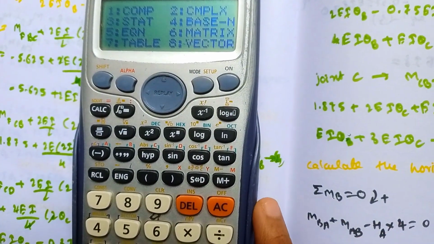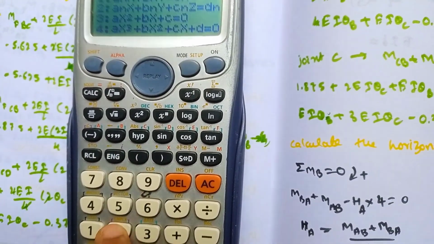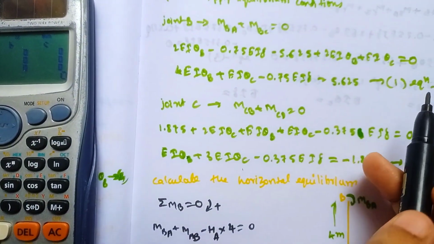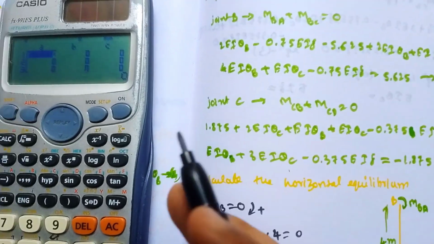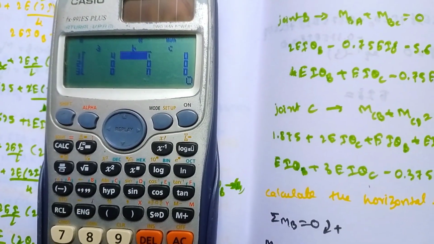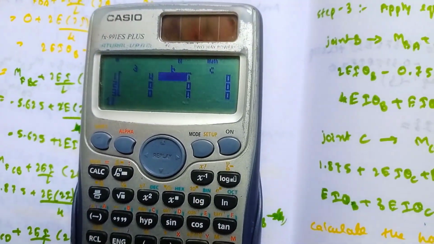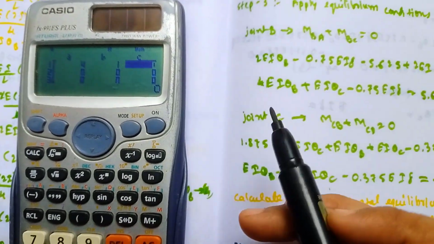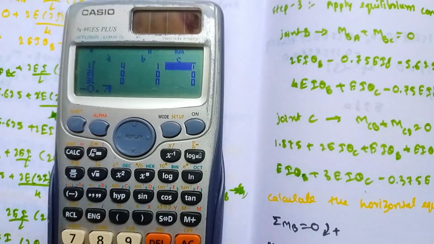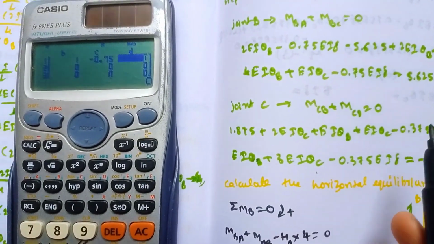Press mode, equation number 5, press 2, our equation is in the form of 3 unknowns. Now substitute all the values. Our equation number 1 is this one: 4, then 1, then minus 0.75, equal to 5.625.